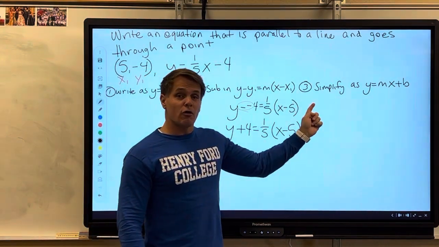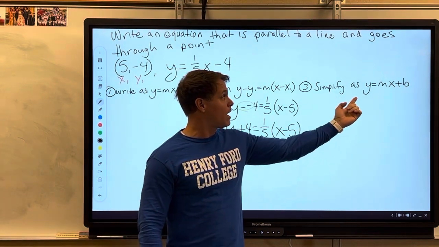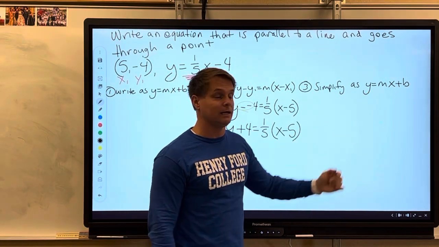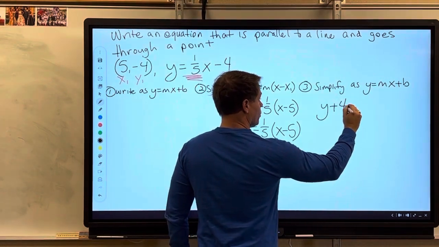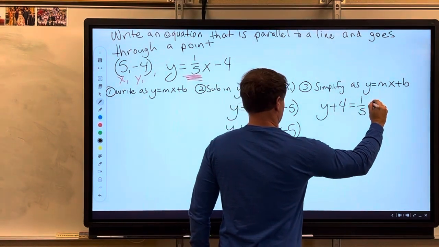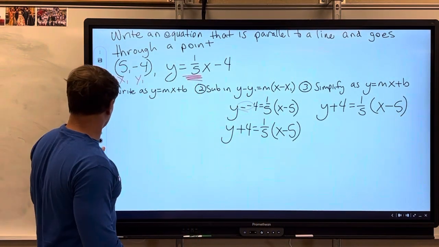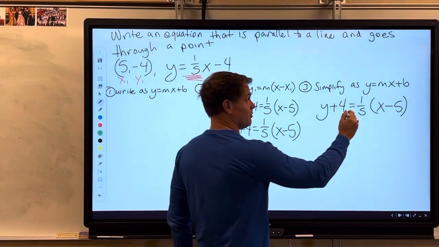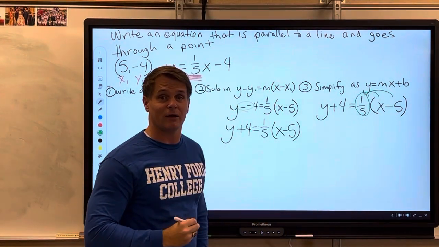So now our third and final step is we're going to simplify this and rewrite it as y equals mx plus b. So I have y plus 4 equals 1/5 (x minus 5). The first thing that I'm going to do is the distributive property. I'm going to multiply 1/5 times x and 1/5 times negative 5.